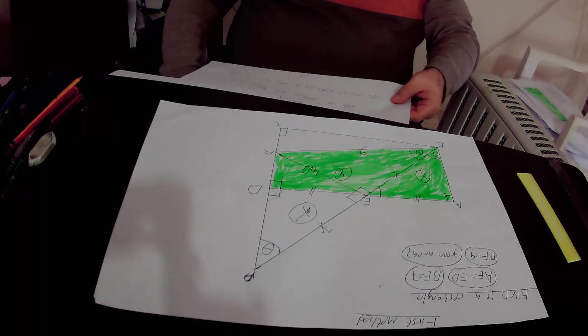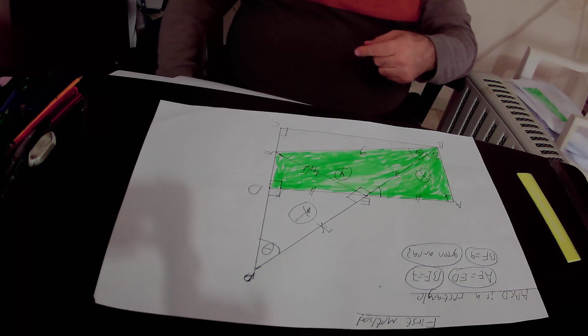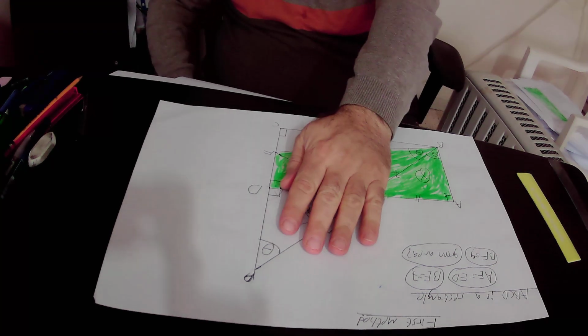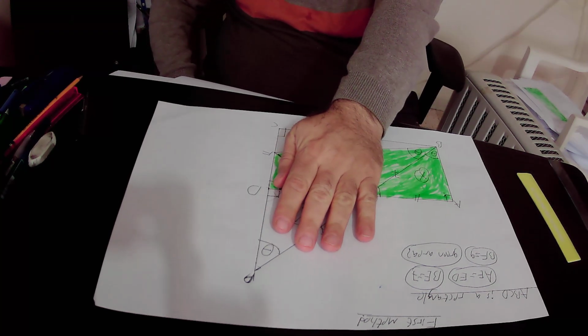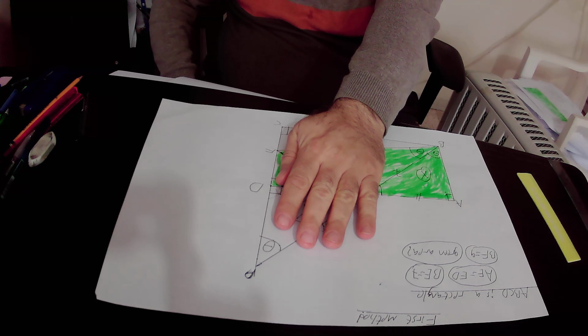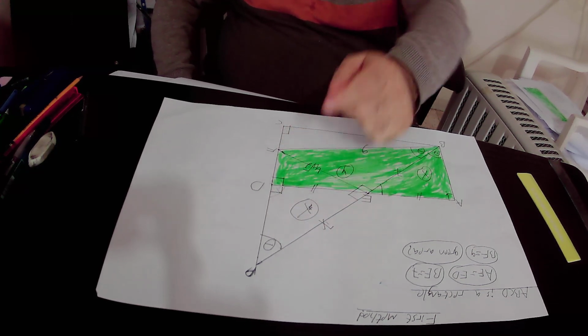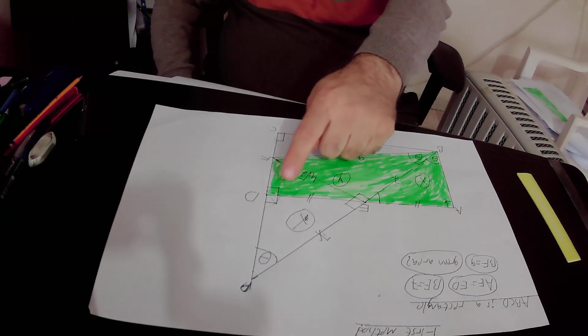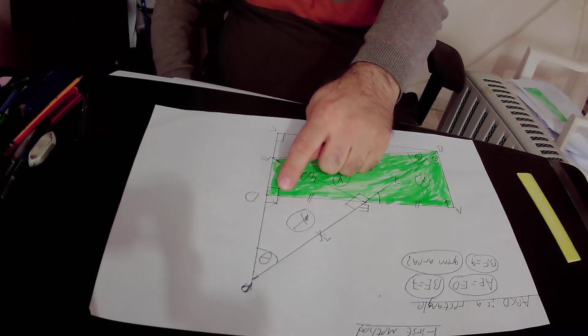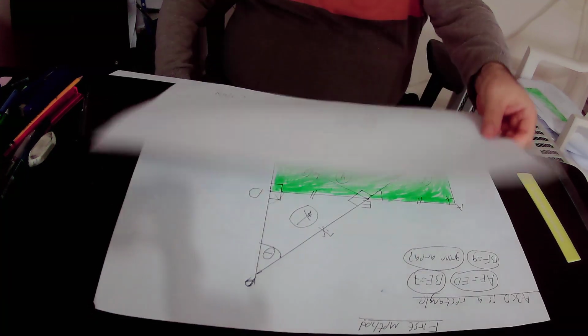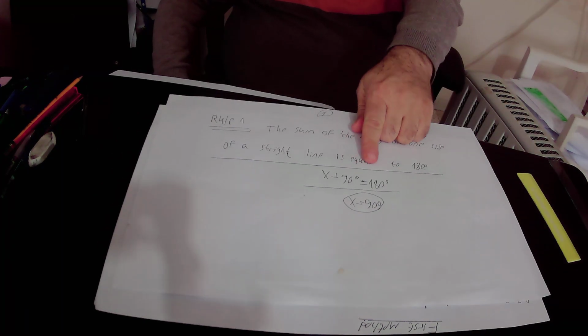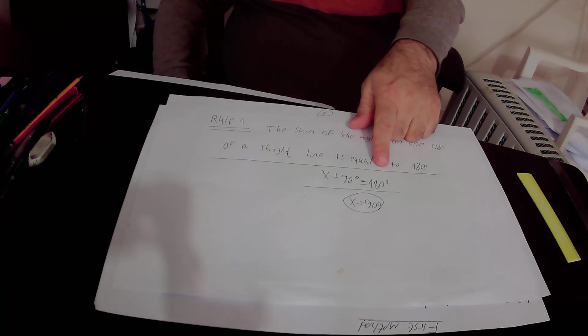So we know that PC is a straight line, so if we focus on this side of the straight line PC at point D, the sum of the angles must be equal to 180 degrees. That is to say, this angle is angle X and this angle is 90 degrees. So X plus 90 degrees equals 180 degrees.